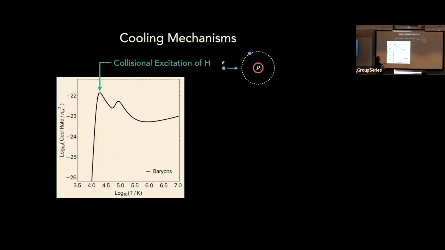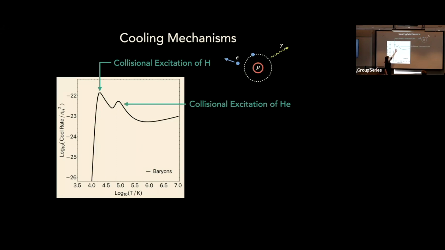To walk you through the highlights, this peak down here comes from collisional excitation of hydrogen. So I bump my hydrogen atom with an electron, I excite it, and then the electron de-excites and emits a photon. This second peak here comes from doing the same thing, but with helium. And then up here at these very high temperatures, my gas is completely ionized, and so the prominent mechanism for cooling comes from bremsstrahlung, just illustrated there.